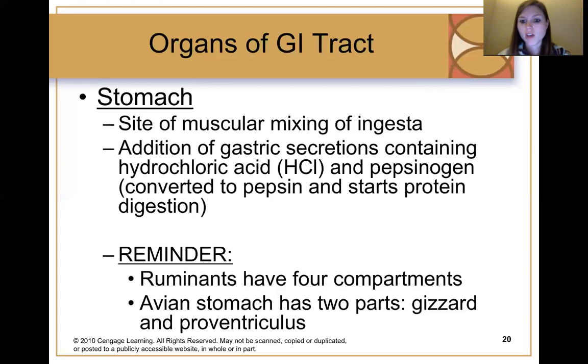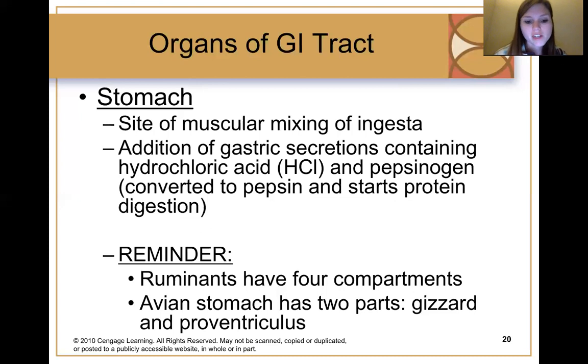And pepsin is the active form which will start protein digestion. So that will happen in the stomach. Obviously if the stomach is producing acid, the pH of the stomach is going to be pretty low. So that really is important for enzyme function and for starting protein digestion.